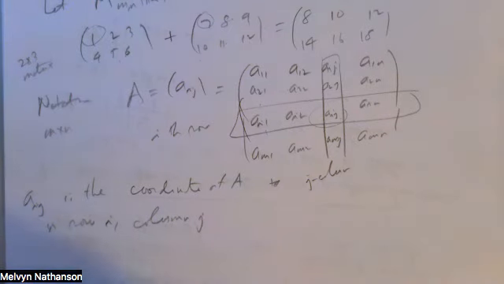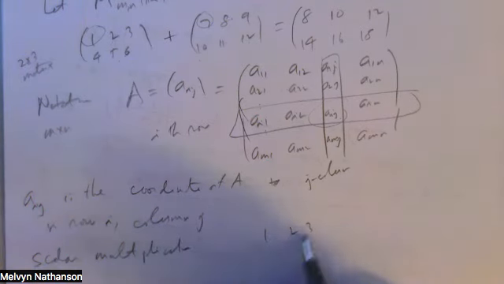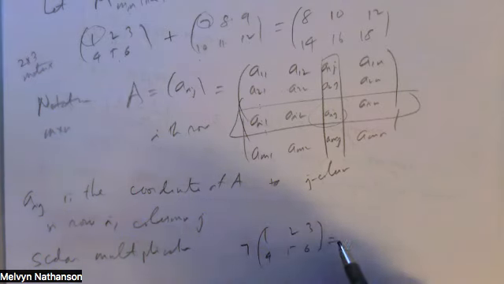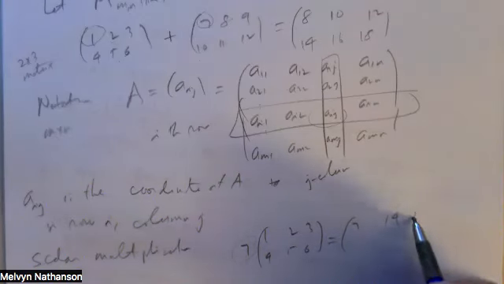That's pretty easy. That's how you add matrices. And you can also multiply them by a scalar. So if you have the matrix 1, 2, 3, 4, 5, 6, you multiply it by 7, you multiply each coordinate by the scalar. 7, 14, 21, 28, 35, 42.